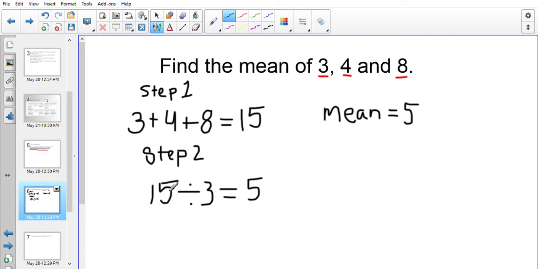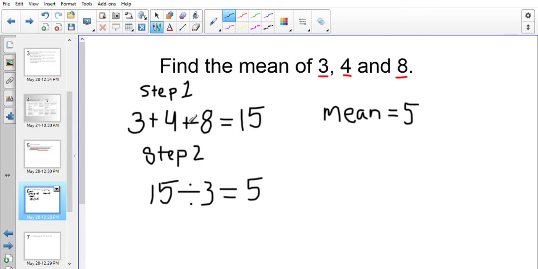Step 2, we would still have to divide 17 by 3. And is 17 divided by 3 5? No. What is 17 divided by 3? 17 divided by 3 is roughly 5.7 if we round up, right? So that means our mean would increase.